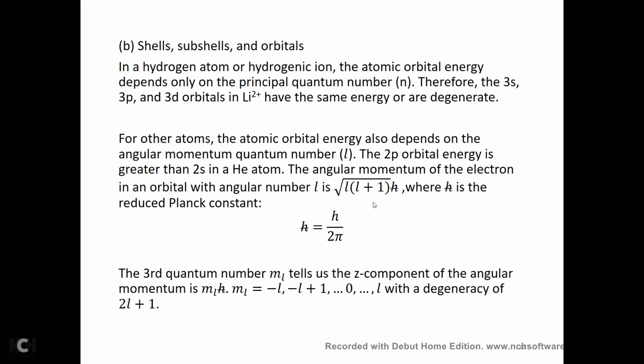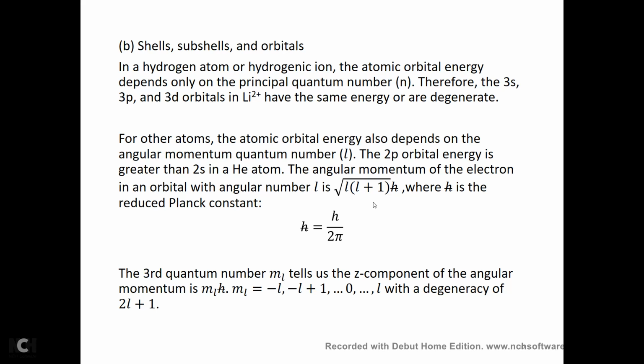And we define a quantum number l, the angular momentum quantum number. l can be from 0 to n-1. So when n is 3, l can be 0, 1, or 2. When l is 0, 1, or 2, we have s, p, and d orbitals.